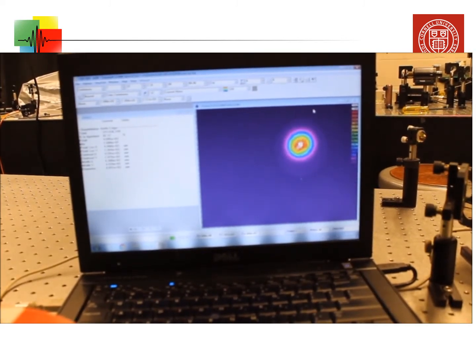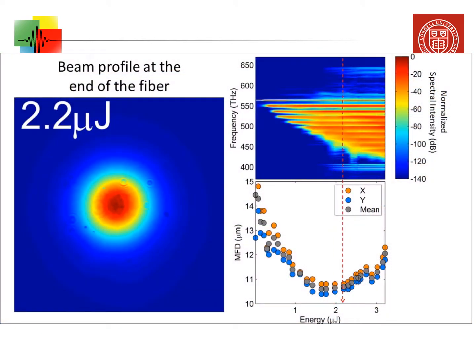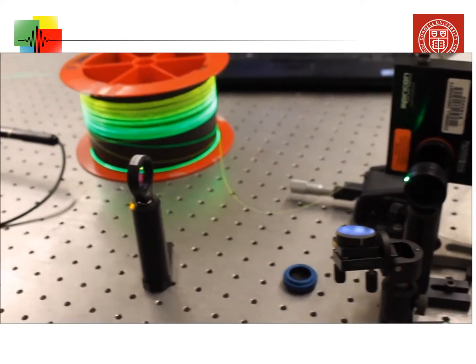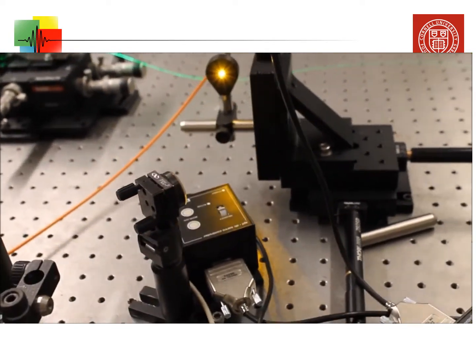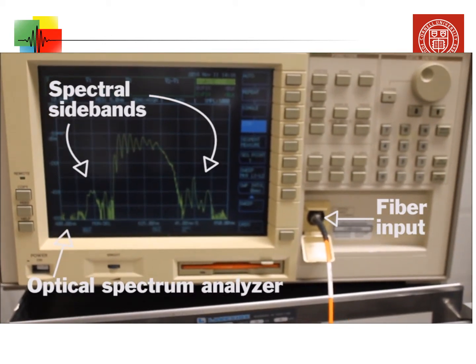As we increase the energy further, the beam actually expands, and we see a symmetric broadening of the field in space. And this corresponds to the development of spectral sidebands here in the spectrum. So this is a clue that we have a spatiotemporal instability going on. And just to see that in the experiment, you see here on the optical spectrum analyzer, we do indeed see these spectral sidebands.